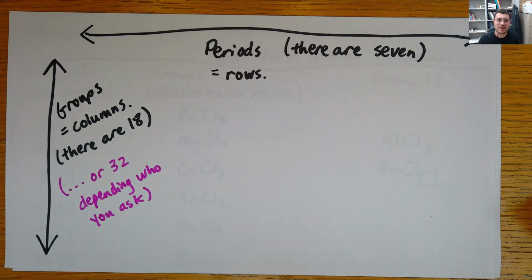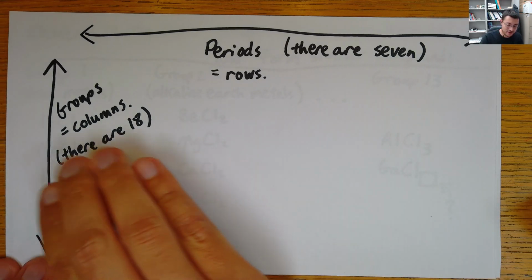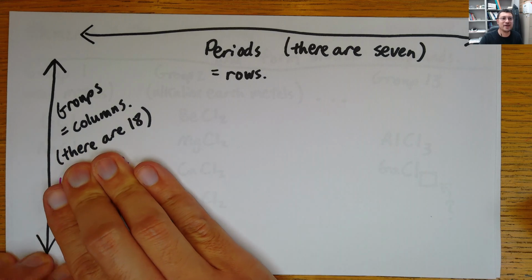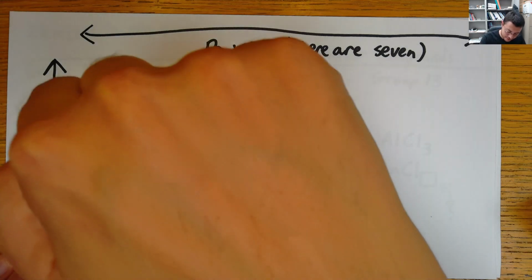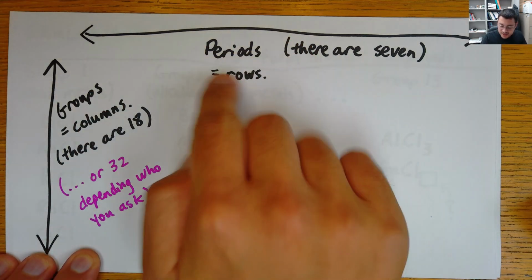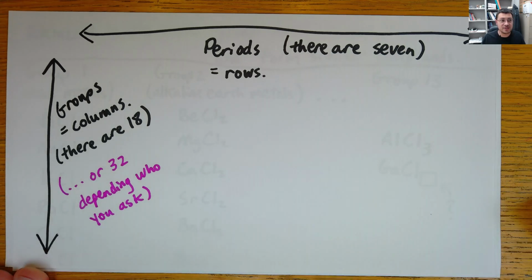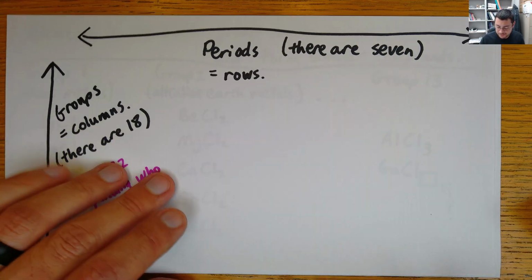That's kind of my opinion, actually, but since this is a 101 class, I'm not going to talk about that too much. You'll see why in a minute. I would say there's 32, but most chemists just stick with 18. Periods are the rows. There are 7 rows. So when we talk about navigating the periodic table, we have groups and we have periods.